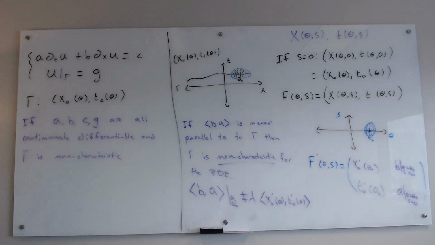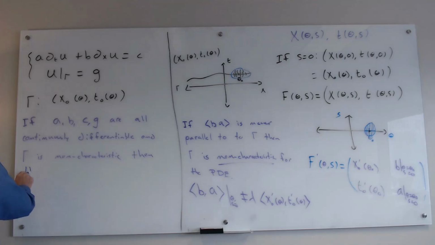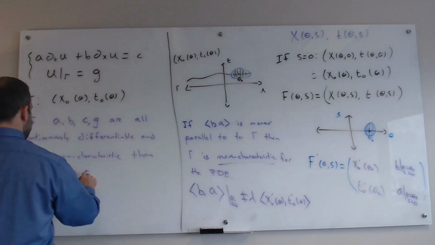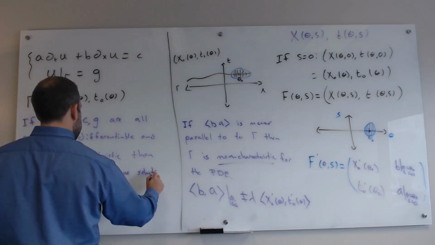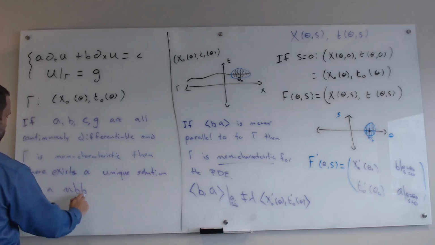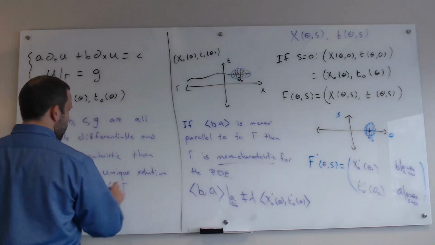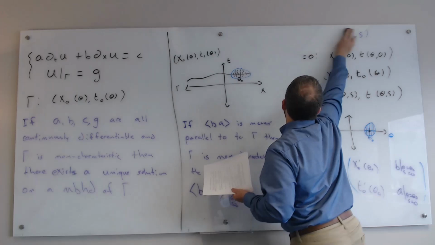Okay, so this says that on a neighborhood of the curve gamma, there exists a unique solution.